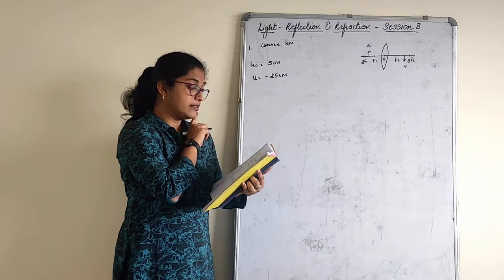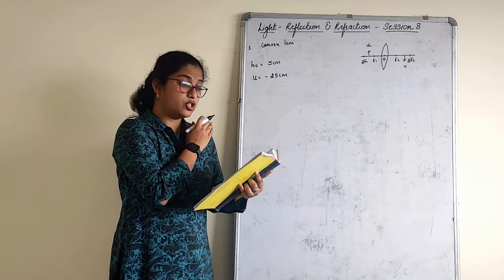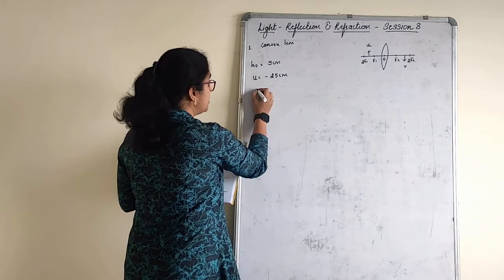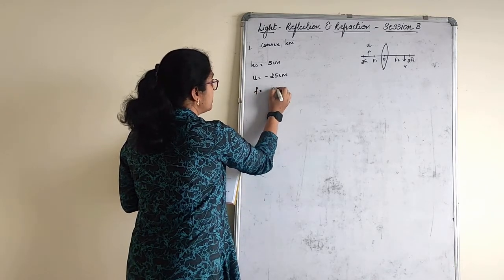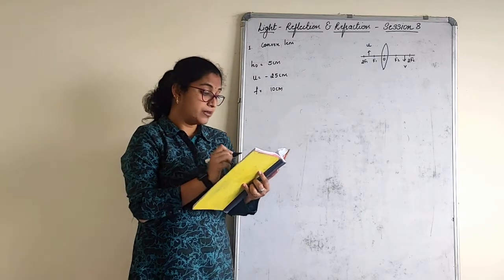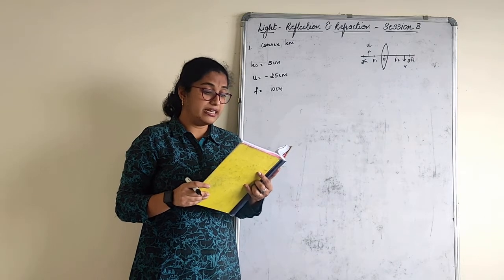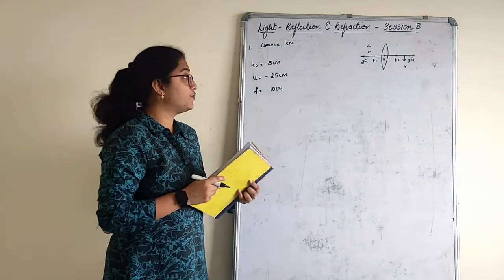An object 5 cm in length is held 25 cm away from a converging lens of focal length 10 cm. Focal length is 10 cm. It's a convex, so focal length is plus. Draw ray diagram to find the position, size and nature of the image formed.